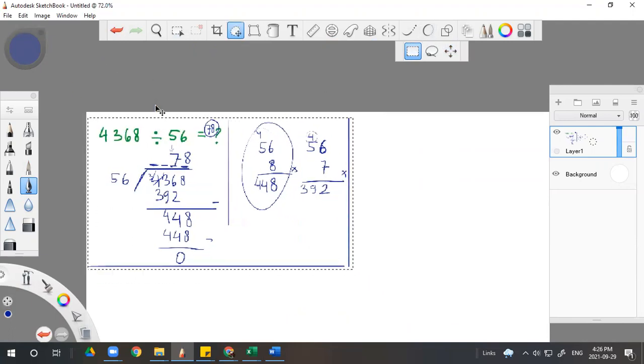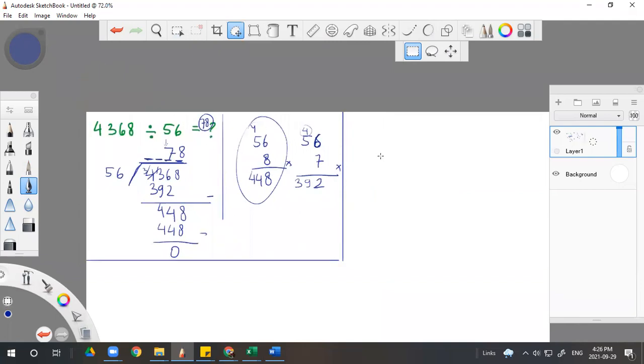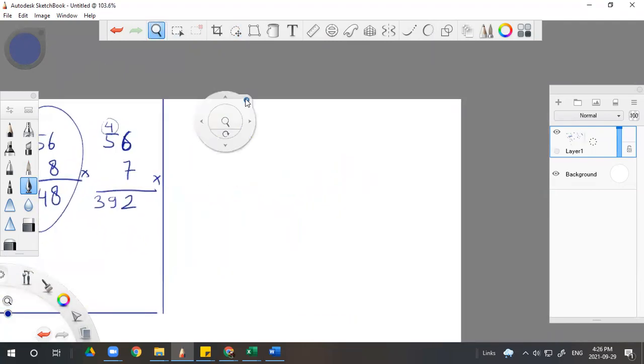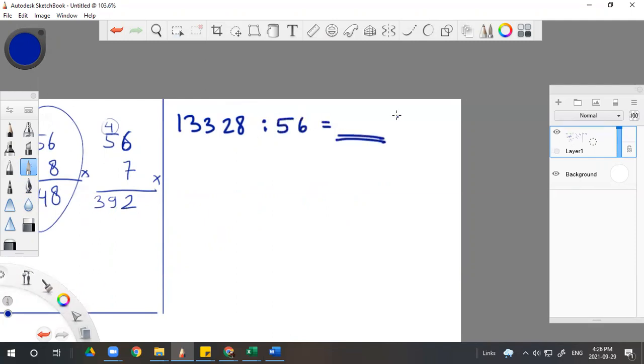Let's try to do the other number. I will use my calculator to check the answer. 13,328 divided by 56. What is the answer?